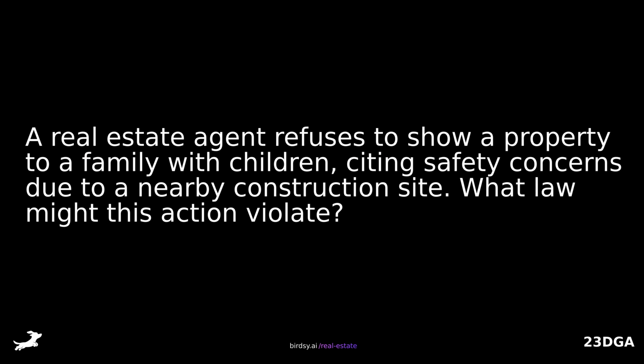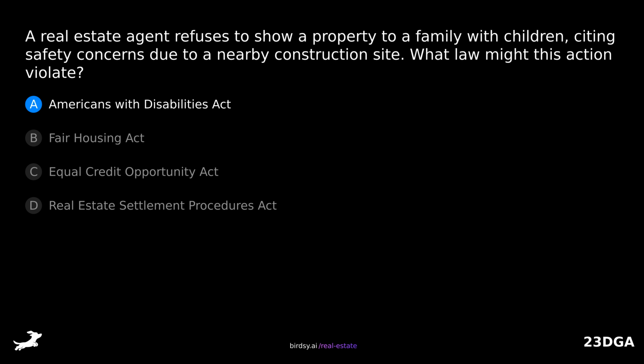A real estate agent refuses to show a property to a family with children, citing safety concerns due to a nearby construction site. What law might this action violate? Is it A, Americans with Disabilities Act, B, Fair Housing Act, C, Equal Credit Opportunity Act, or D, Real Estate Settlement Procedures Act? The answer is B, Fair Housing Act.